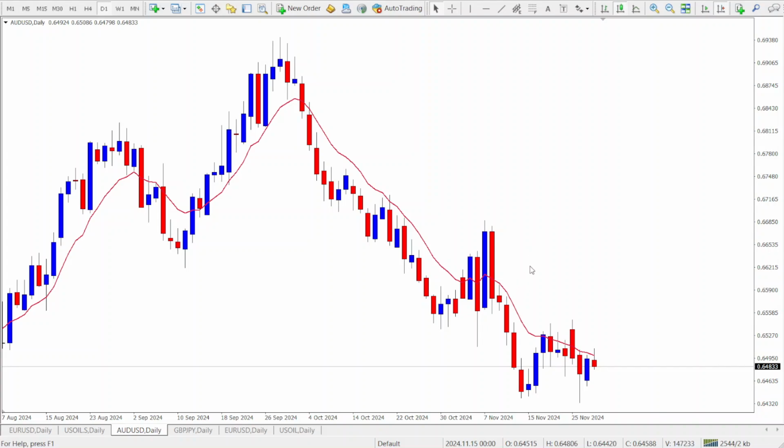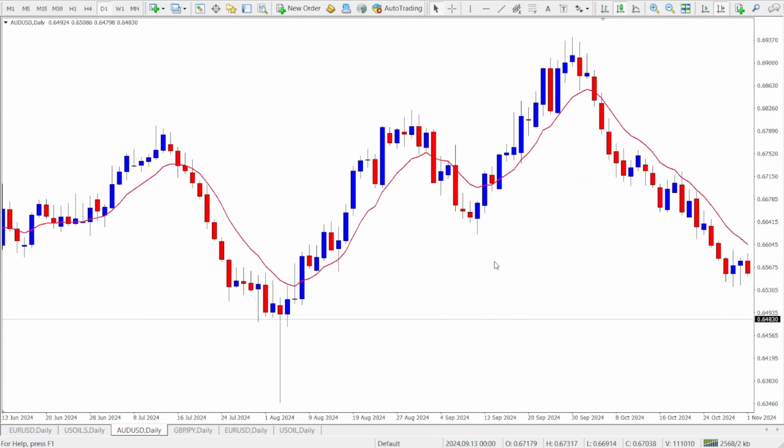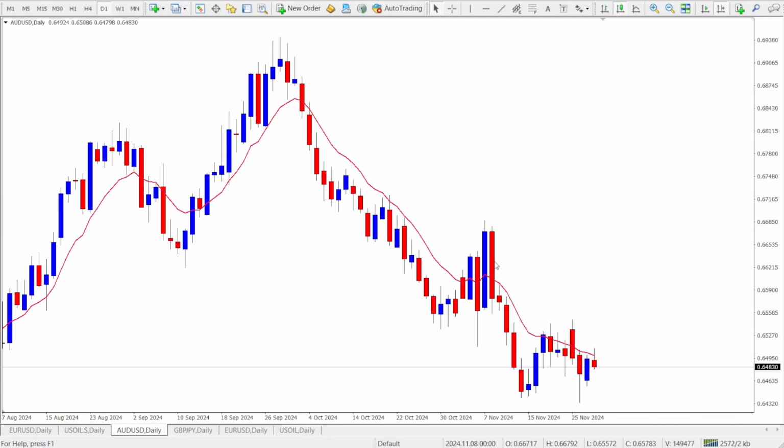For example, if you are trading during a volatile session, the EMA will react faster to price changes, giving you signals that align more closely with current market conditions. However, this speed can also be a double-edged sword. The EMA might produce more false signals because it reacts so quickly to price movements. That's why many traders use it alongside other indicators to confirm their decisions.